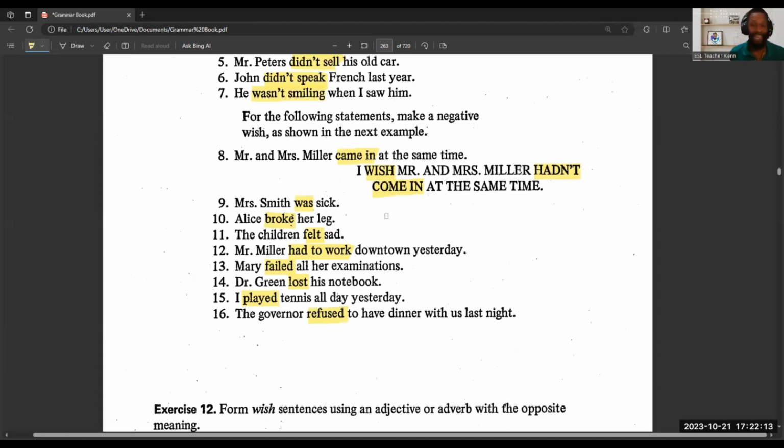I wish I hadn't played tennis all day yesterday. The governor refused to have dinner with us last night. I wish he hadn't refused to have dinner with us last night.